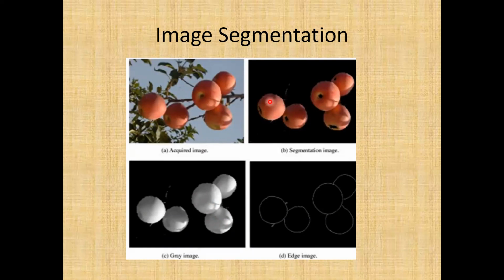If our intention is to locate the edges or boundaries of these fruits, then it is done with edge detection, and only the edges are segmented in this example. So this is called image segmentation, that is, partitioning or dividing the image into meaningful regions, grouping pixels that are similar.